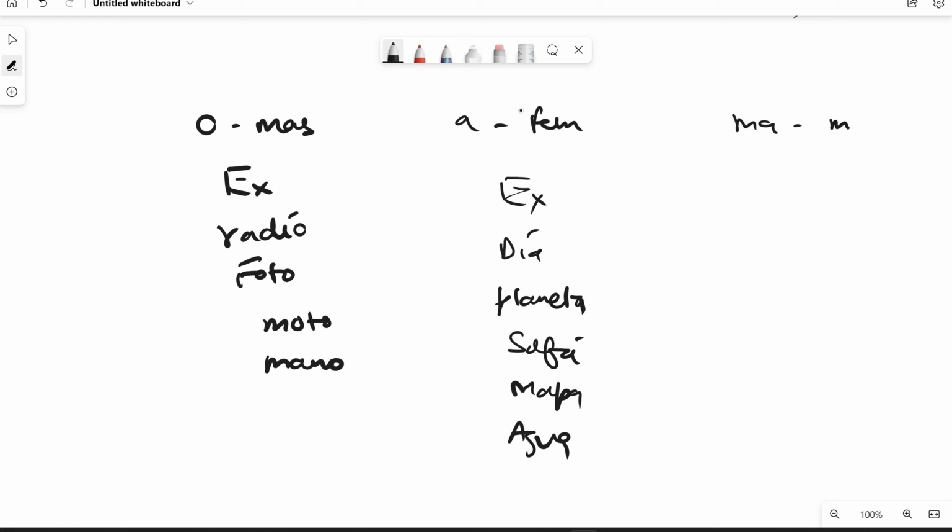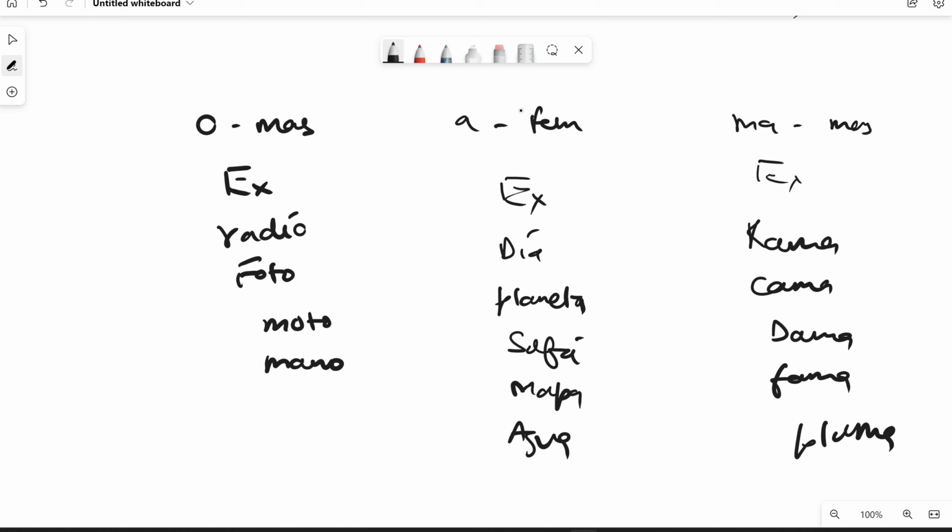MA ending nouns are masculine. Exceptions are rama, cama, dama, fama, pluma. That's it, right? So you need to keep in mind the exceptions. Remember rama, cama, dama, fama, pluma, día, planeta, sofá, mapa, agua, radio, foto, moto, mano, these are your exceptions.